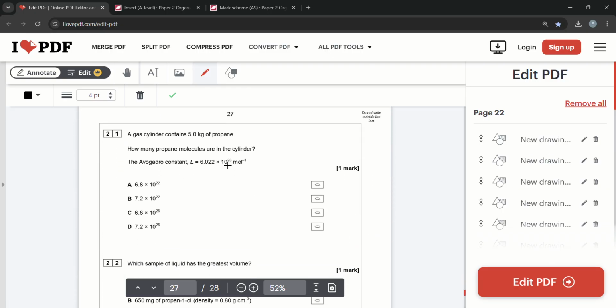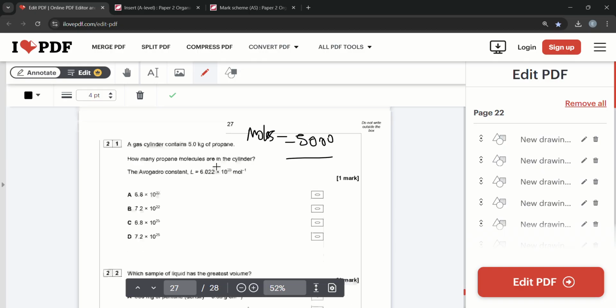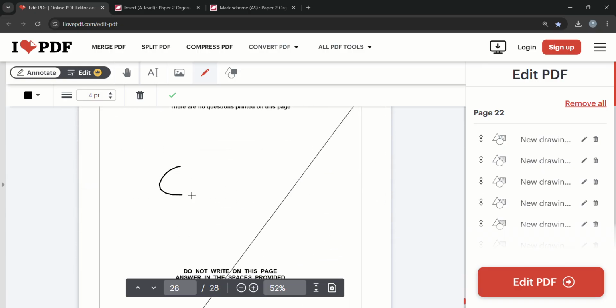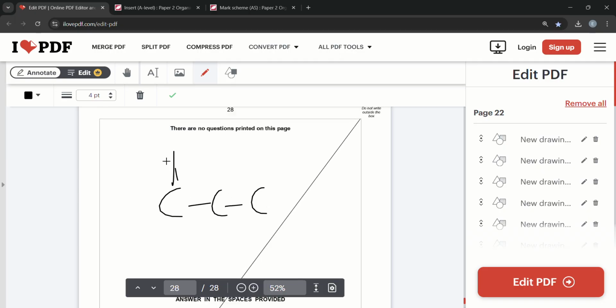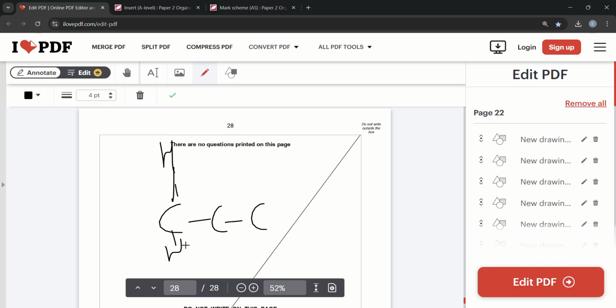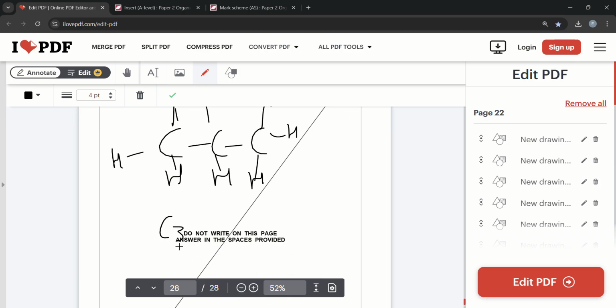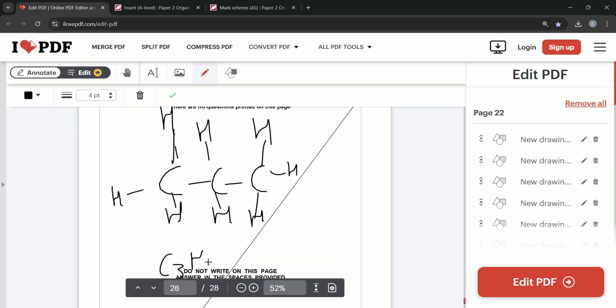Gas cylinder contains this much of propane. How many propane molecules? So we have to find out the moles. Moles is mass in grams over the MR of propane. Let's draw that out. Methane, ethane, propane. C3H8.